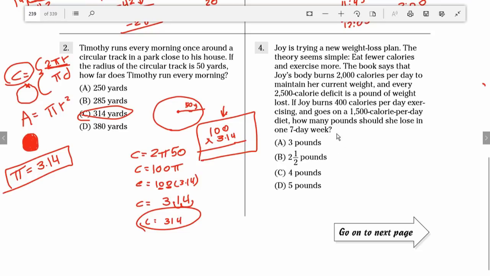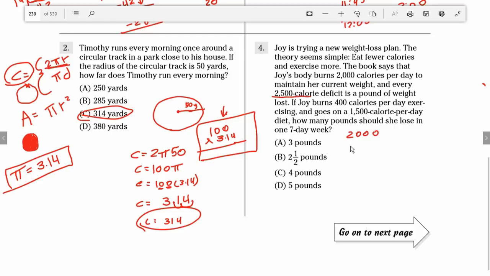So first we need to find out what her daily caloric deficit is. Then we need to find out what that is multiplied by 7. And then we need to take that number and divide it by 2,500 to figure out how many pounds she lost. So we know that 2,000 is the number of calories she eats to maintain her current weight.